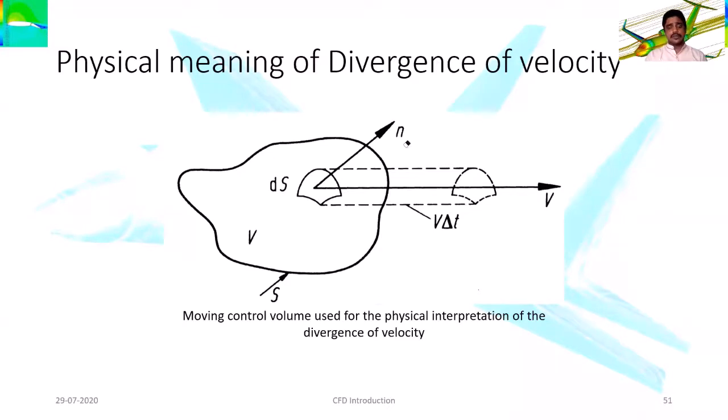Now, if I want to make the surface into a volume, I make a small elemental volume by extruding it, dragging it along the dotted line in the direction of V, where V represents the velocity direction, with time t.